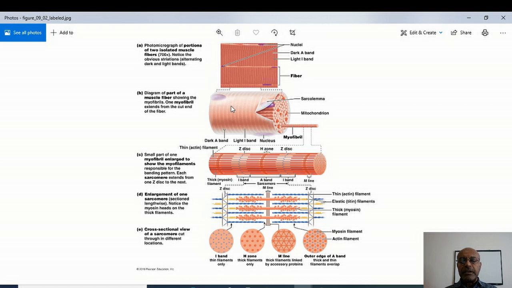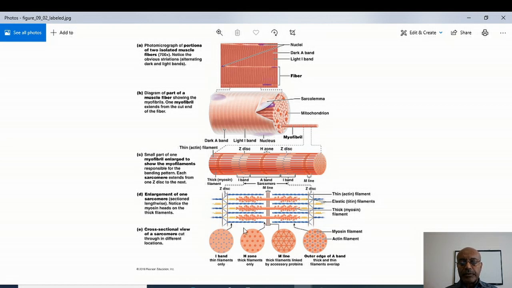We will come to the detail of this darker part, lighter part, darker part. By the way, we said skeletal muscle tissue consists of skeletal muscle cells, right? And a skeletal muscle cell in its turn consists of myofibrils. And this myofibril in its turn consists of sarcomeres.